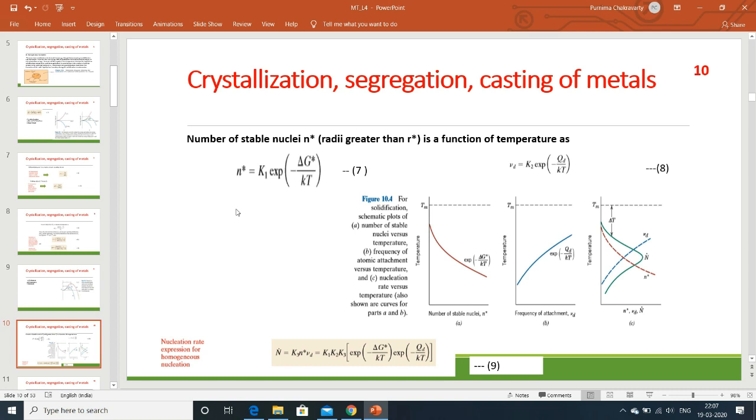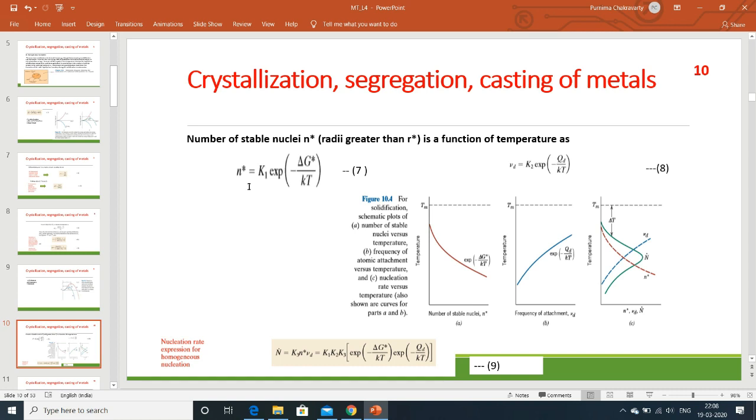A stable nuclei means a cluster whose radius is more than r star. Once the cluster crosses the radius r star, we consider it as a stable nuclei, and below the radius r star it's still an embryo.